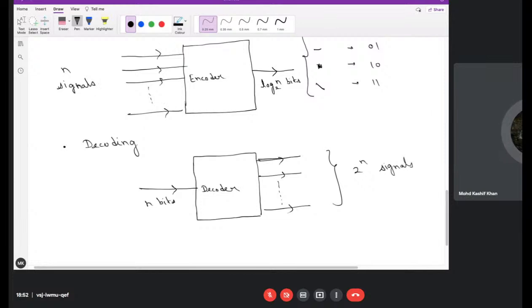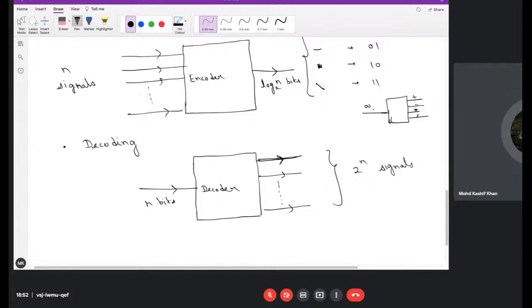So what will the decoder do? Suppose we have 4 operations, and here n bits, meaning 2 bits, have been passed. Suppose 0 0 has been passed. The first output is for plus, the second for minus, the third for multiplication, and the last for division.